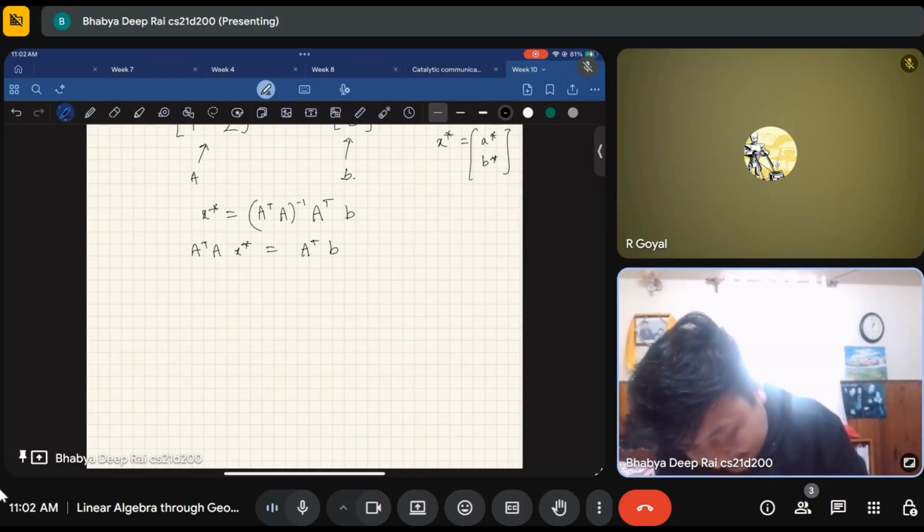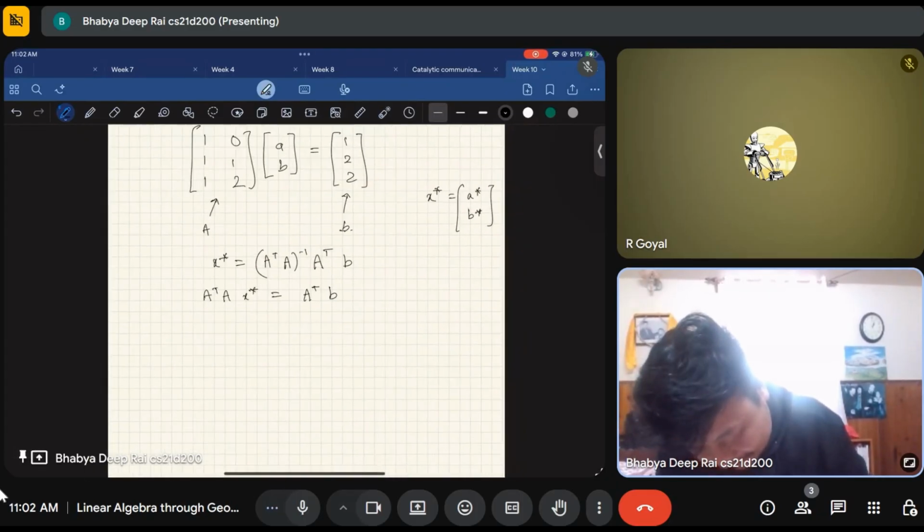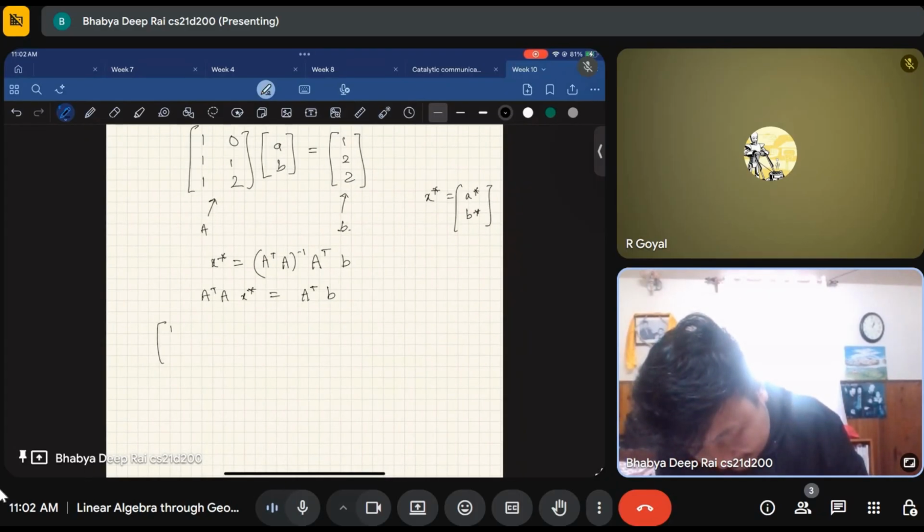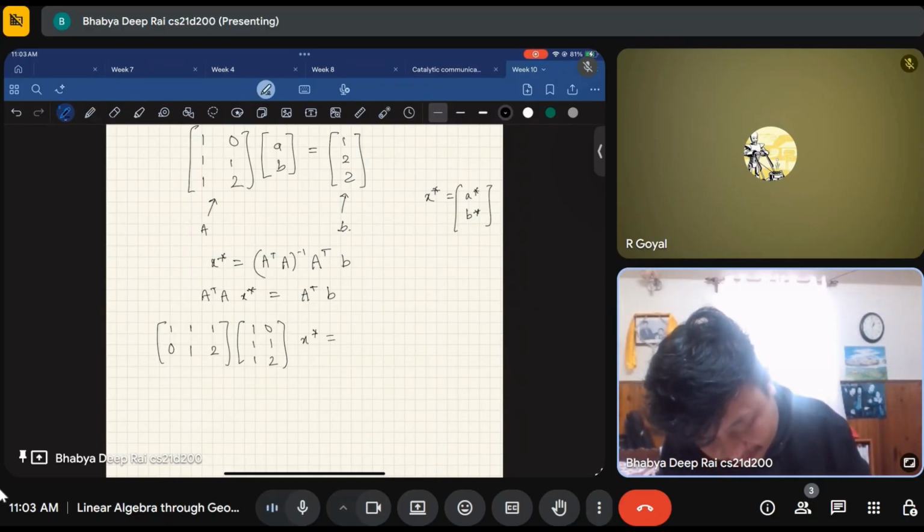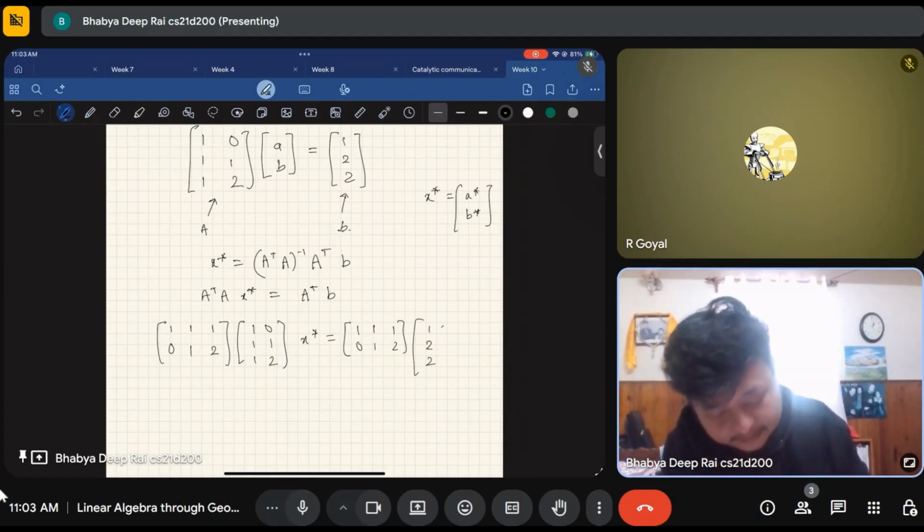So A transpose A would be 1 0 1 1 1 2 times 1 0 1 1 1 2, and x star equals, now multiplying this side, A transpose is again 1 0 1 1 1 2 times b, which is 1 2 2.